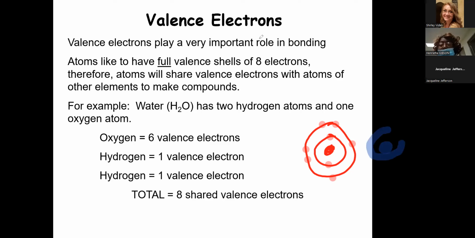So that's your middle, and then you've got your 1 electron. And here we're going to have another hydrogen with a nucleus, and each one of those has an electron.